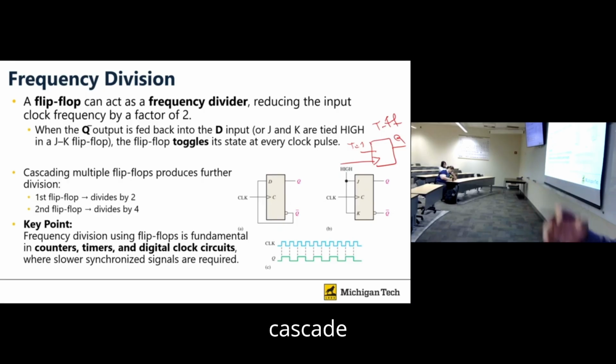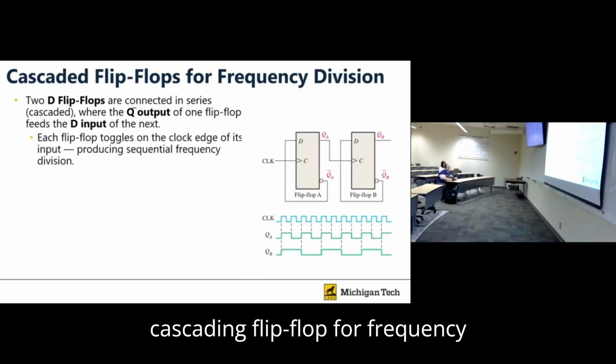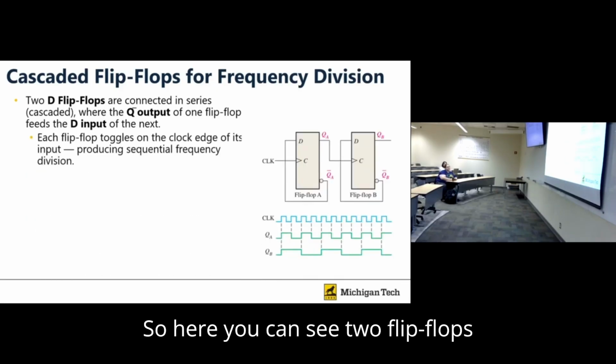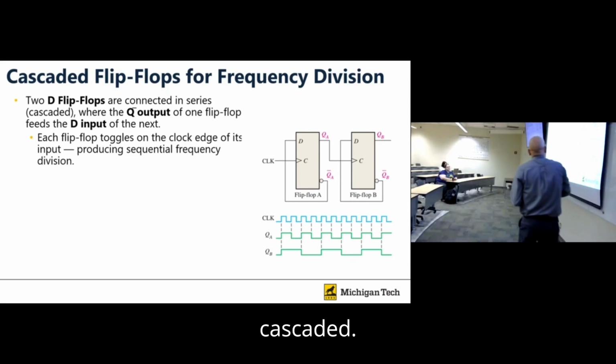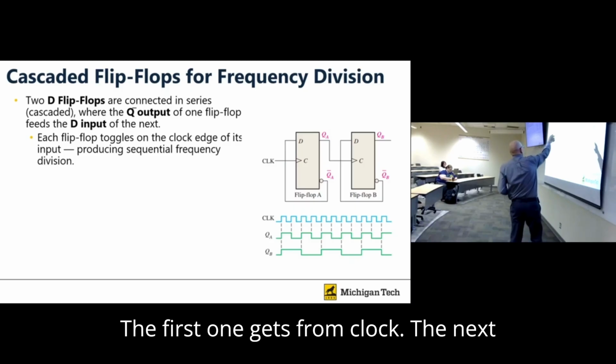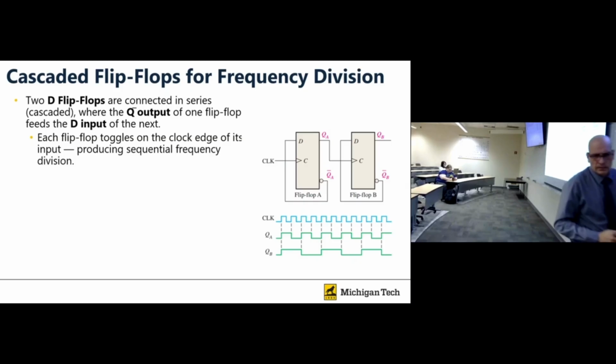If you cascade flip-flops, you can see that. Okay, cascading flip-flops for frequency division. We already explained this. Here you can see 2 flip-flops cascaded. The first one gets the clock. The next one gets the output of the first one.